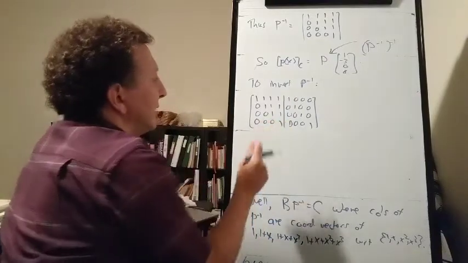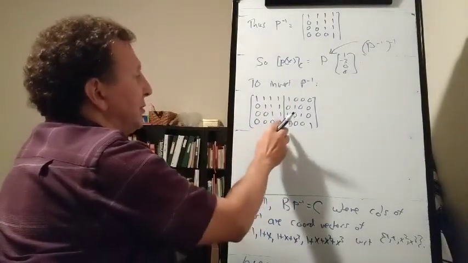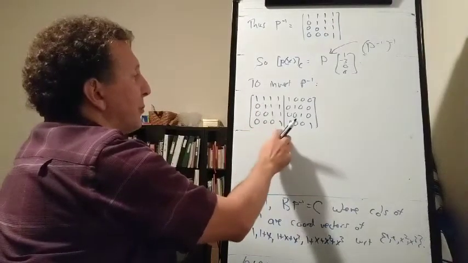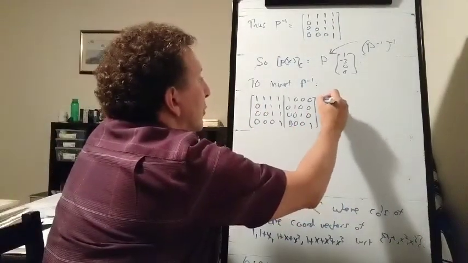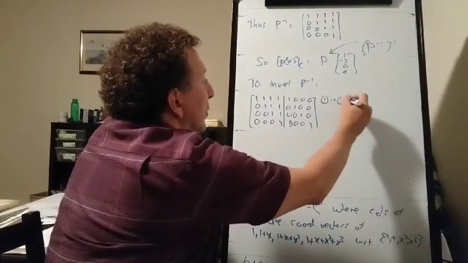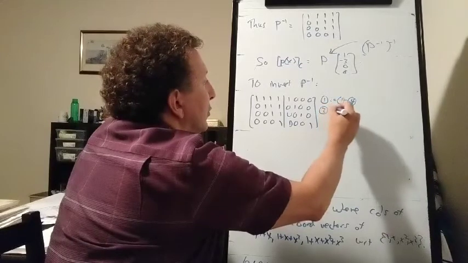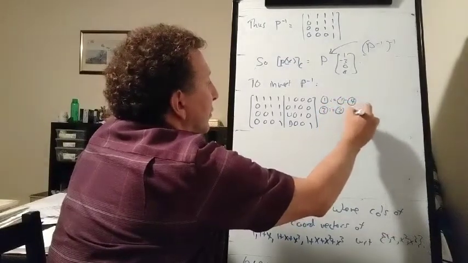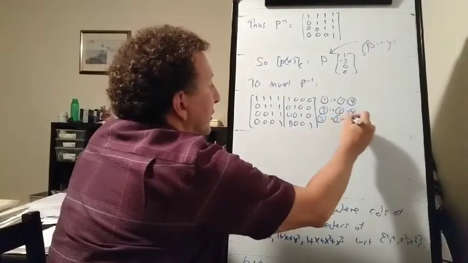Alright, so this is already in row echelon form. We want to put it in reduced row echelon form. So we'll use this 1 in the 4, 4 position to clear out the entries above it. So row 1 will be row 1 minus row 4. Row 2 will be row 2 minus row 4. Row 3 will be row 3 minus row 4.